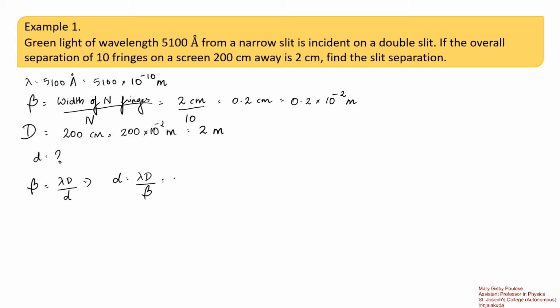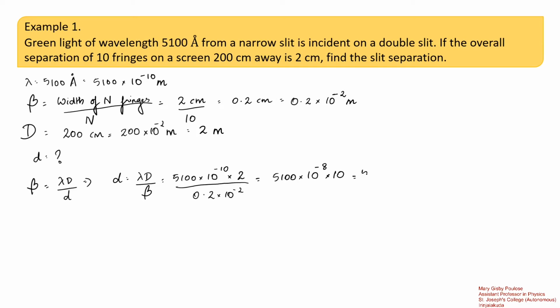Substituting the terms, I can write 5100 into 10 raised to minus 10 into 2 divided by beta, which is 0.2 into 10 raised to minus 2. Now calculating this, I can write 5100 into 10 raised to minus 8 into 2 divided by 0.2, which is 10.